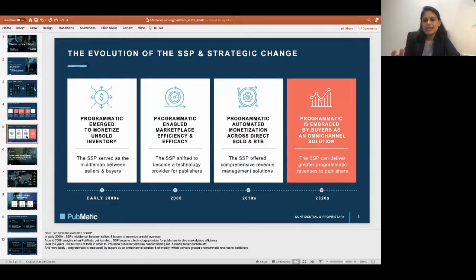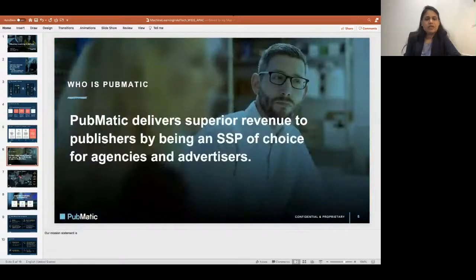And more lately, buyers embrace the SSP as an omni-channel solution where we deliver greater programmatic revenue to the publishers. So the mission statement for us is that PubMatic delivers superior revenue to the publishers by being an SSP of choice for agencies and advertisers.